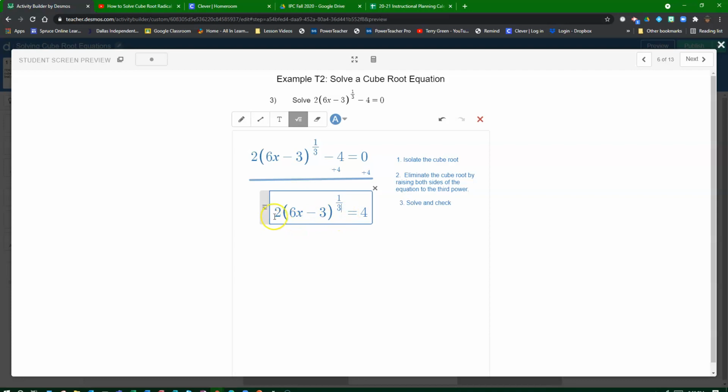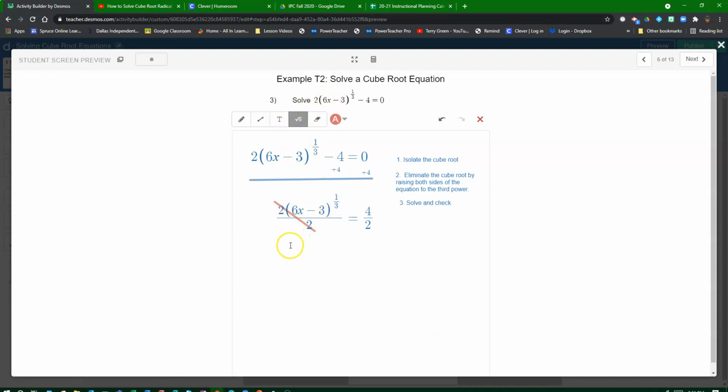I'm going to take this entire side and divide it by 2, and what I do on one side, I do the same on the other side. I got a little ahead of myself there and forgot about that 2. Now that's gone.